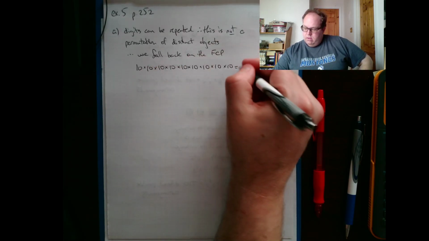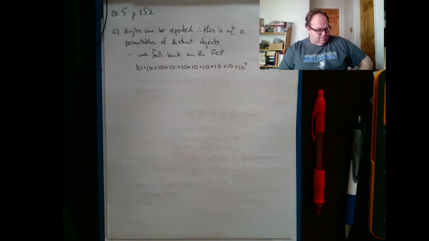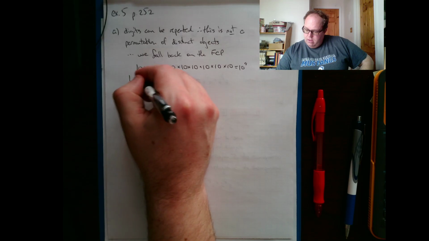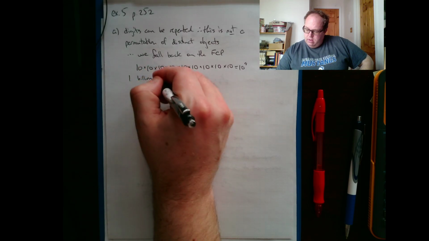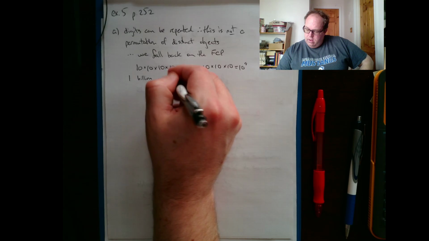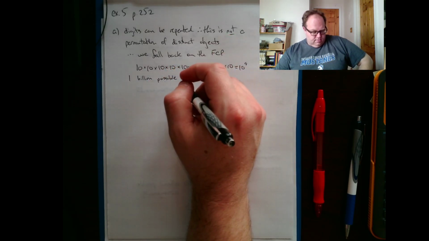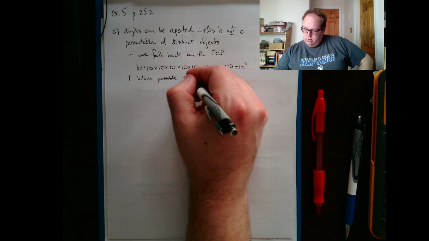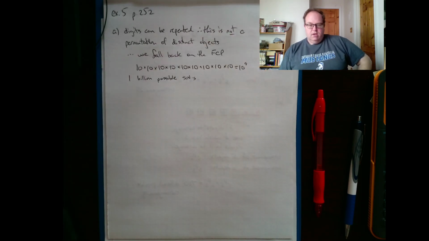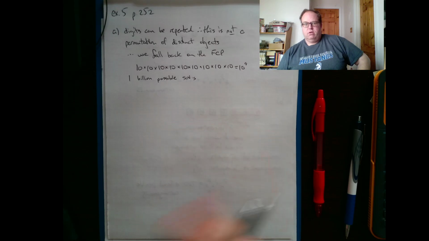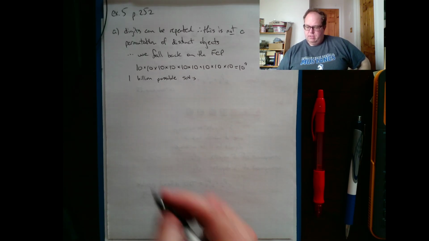Or 10 to the 9, or about a billion insurance numbers. And if you think about it, this should include all of the numbers from 000,000,000 up to 999,999,999, or a billion possibilities.